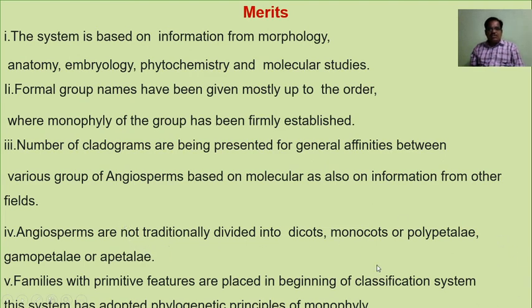This system is concentrated on the classification of angiosperms as the early angiosperms, monocots and the eudicots. Then families with primitive features are placed in the beginning of the classification system. Just as I told you, the Magnoliales having the family Annonaceae is placed at the beginning of the classification system. This system has adopted phylogenetically the principle of monophyly.